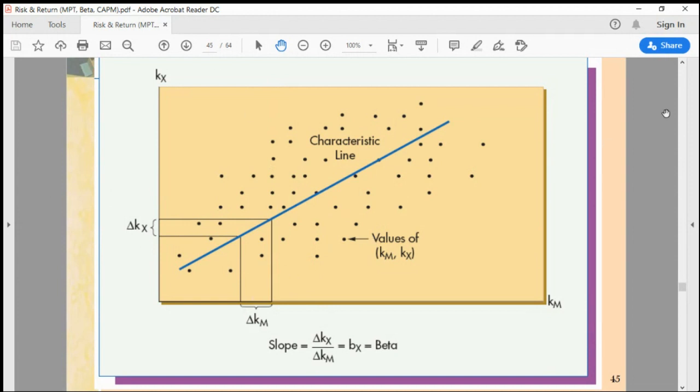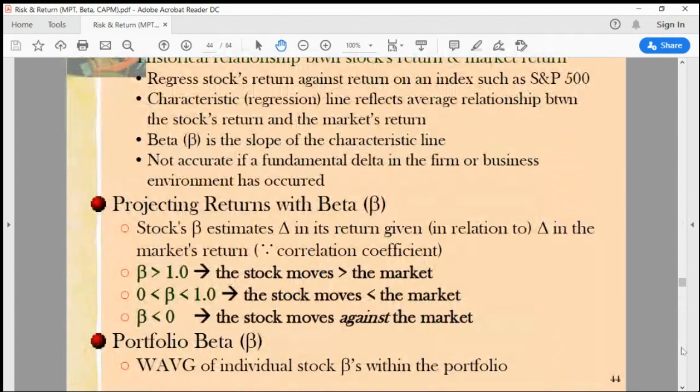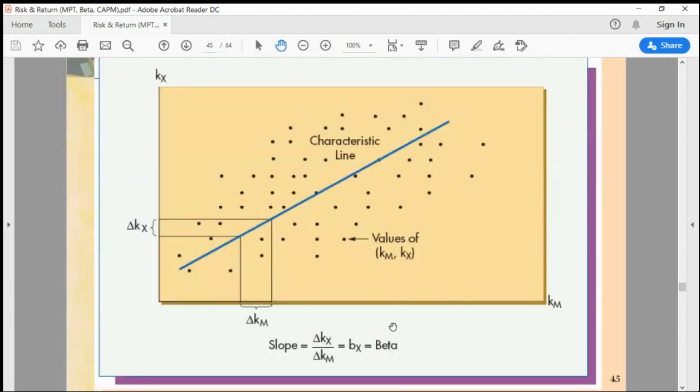And the reason we are looking at this scatter plot is because it would give us some clue as to whether there is some correlation between the market and this particular company X, right?